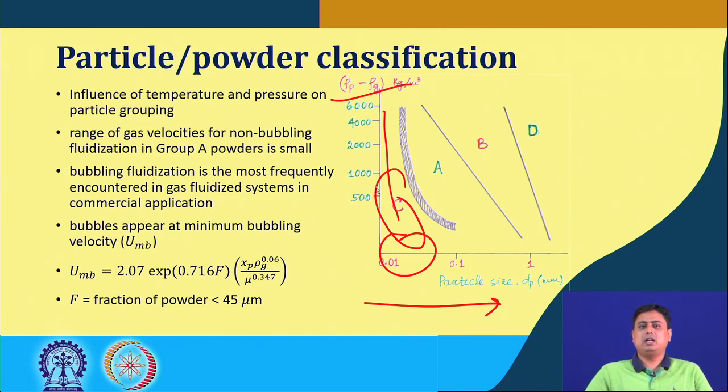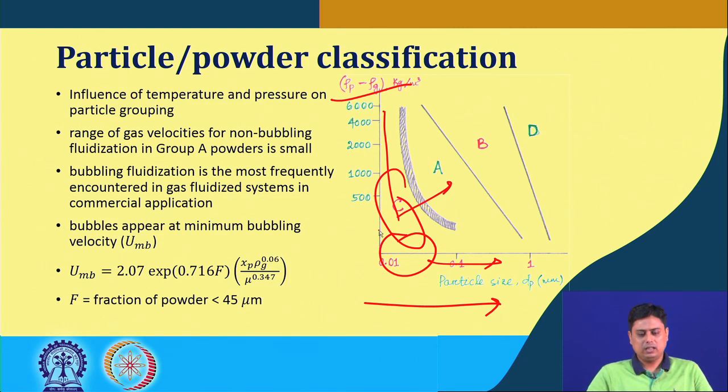Under similar conditions, if the particle size increases, the interparticle forces become less dominant. The inertia forces act more and more on those particles, and then this comes to the region of group A particles.